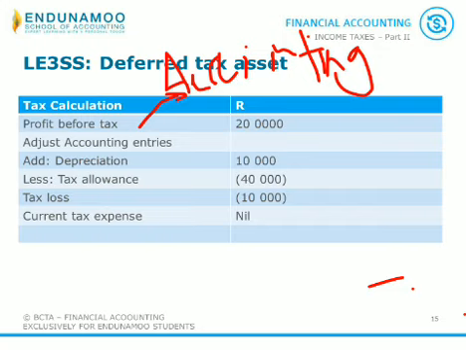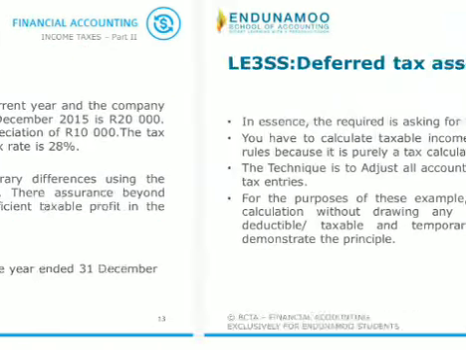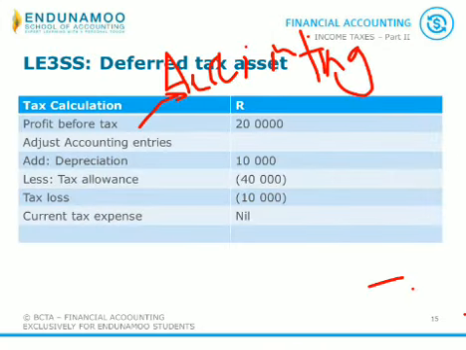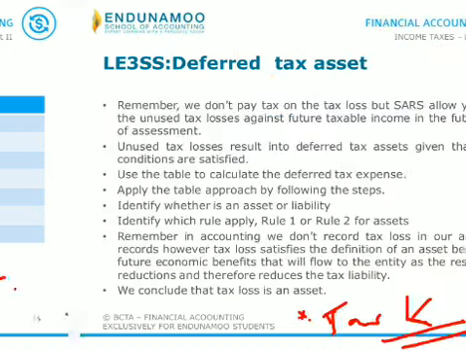This 10,000 Rand has been derived using our tax legislation, so we've applied tax principles. Hence this tax loss is sitting as a tax base, and our carrying amount is sitting at 0.